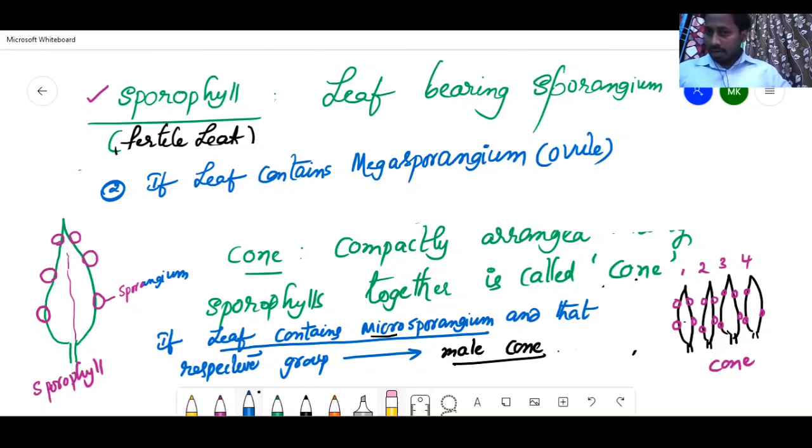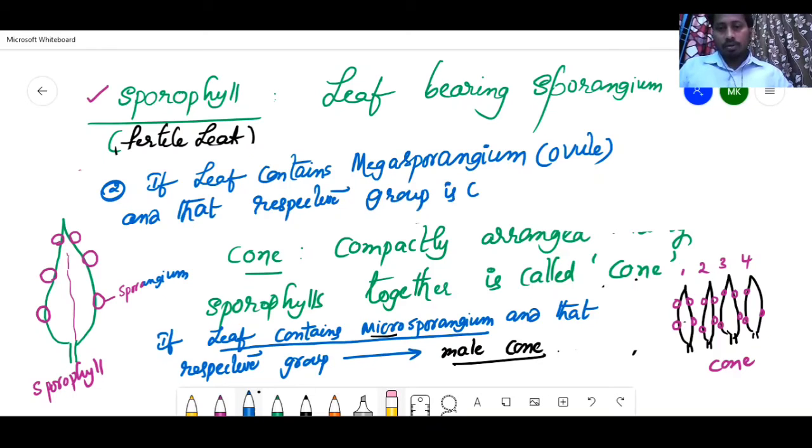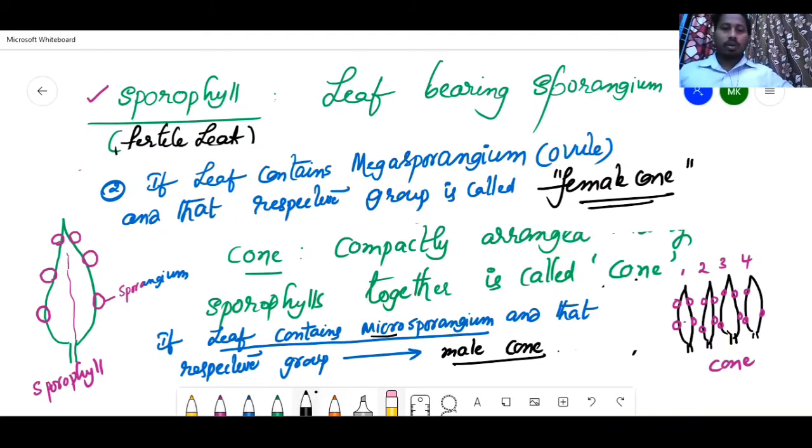That respective group is called which type of cone? Female cone. Hope you understood. Yes, sir.